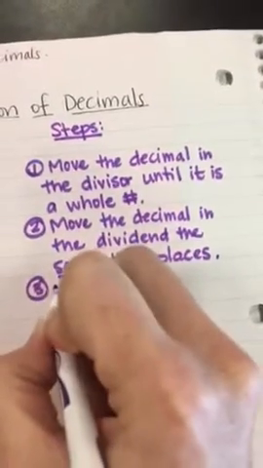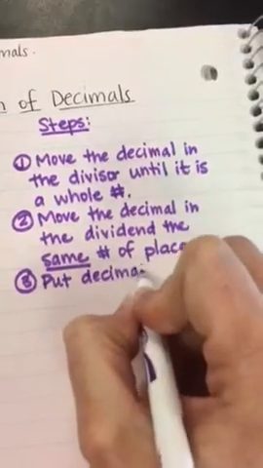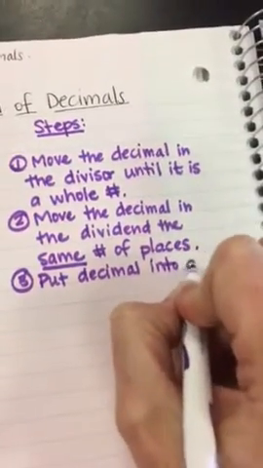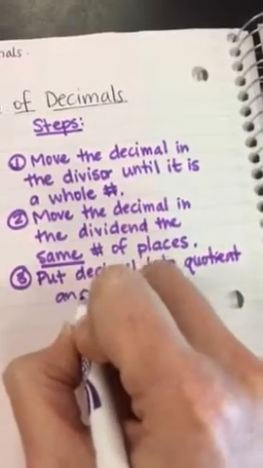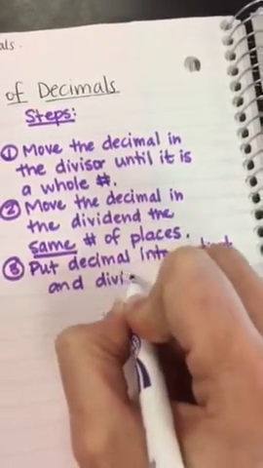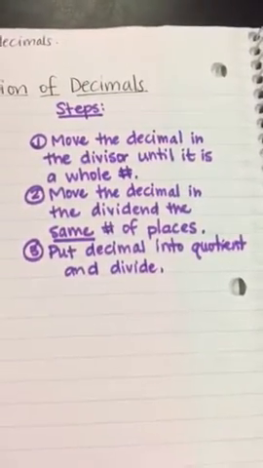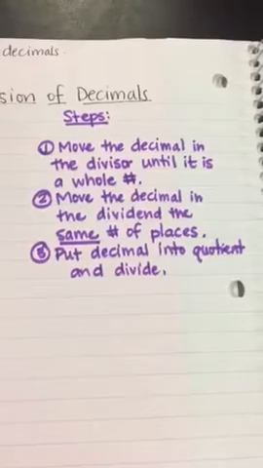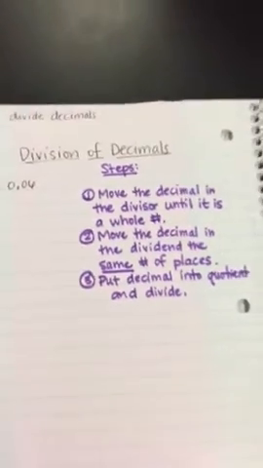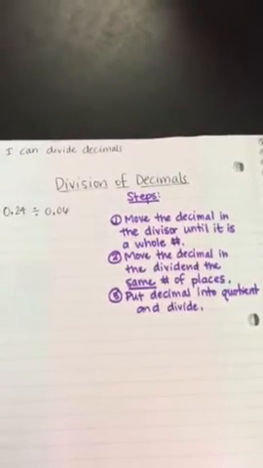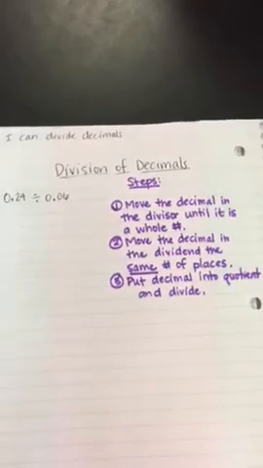The third step is you put your decimal into your quotient and divide. Once you've gone through steps 1 and 2, you pretty much are finished and you can just work the division problem. Again, if you need to pause the video and write this information in your notebook so you see how mine looks, you can then replay the video.